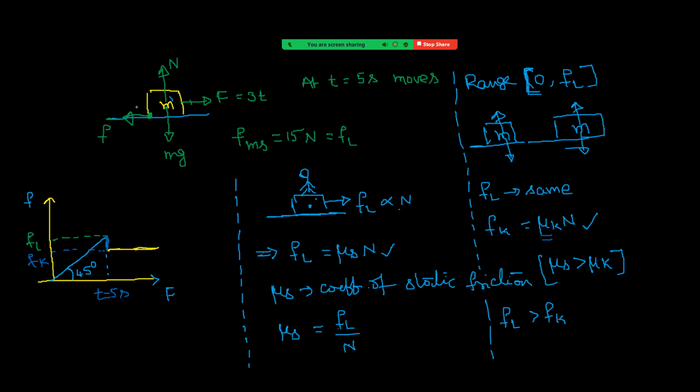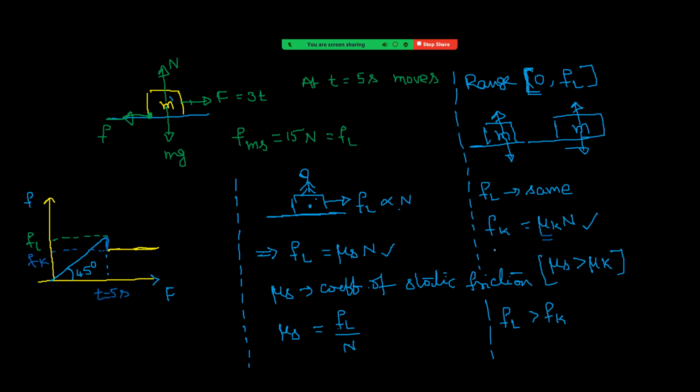Block may be moving, right? Next, we discussed that static friction is self-adjusting. Range is 0 to limiting value. Limiting value means maximum static friction, which is proportional to normal reaction. And that proportionality constant is known as the coefficient of static friction, right?